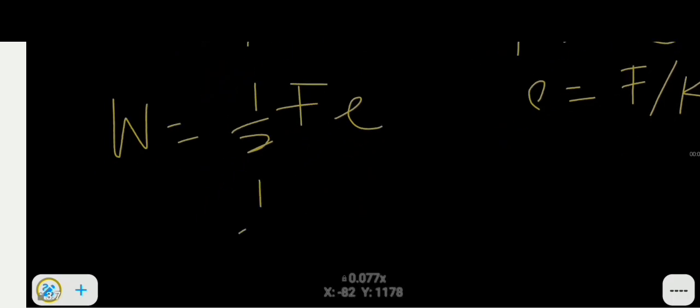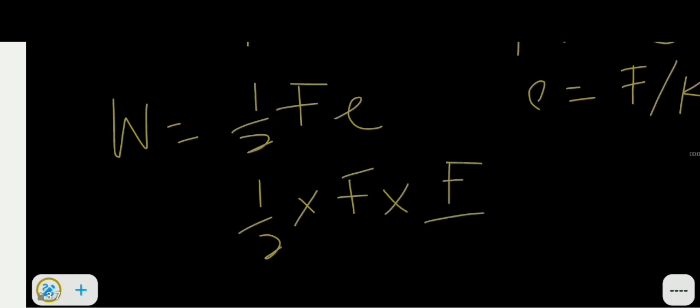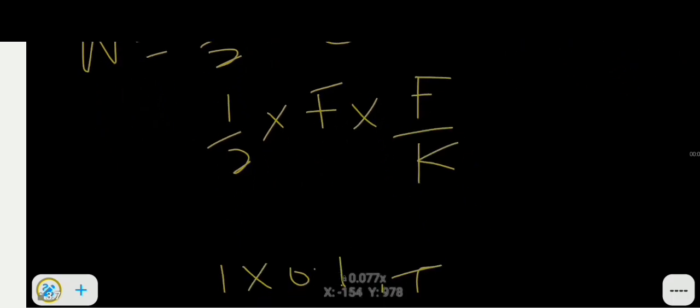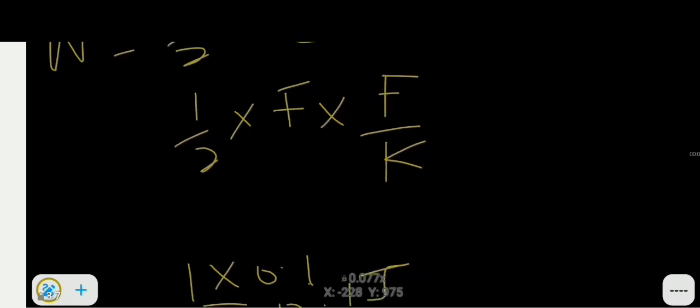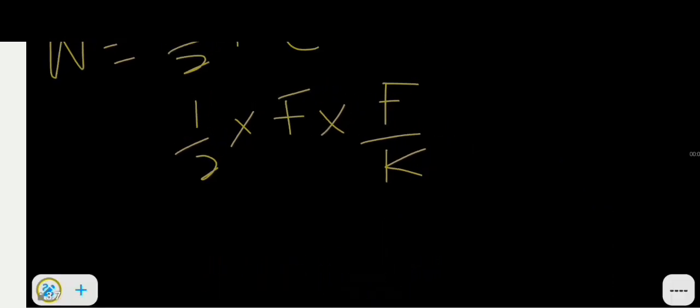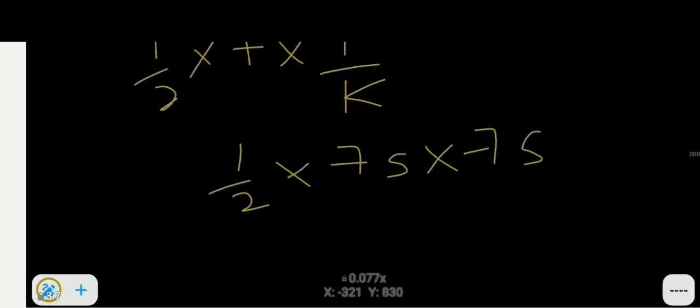So that will be half times F over K, and your F is 75, while your K is 1500. Just substitute and you get your answer. So you have half times 75 times 75, and you divide this by 1500.